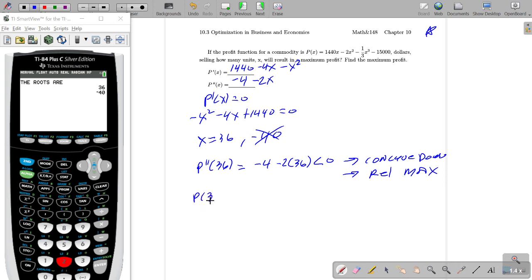So p of 36 is 1440 times 36 minus 2 times 36 squared minus 36 cubed, then I'm going to divide that by 3 to get the 1/3, minus 15,000.